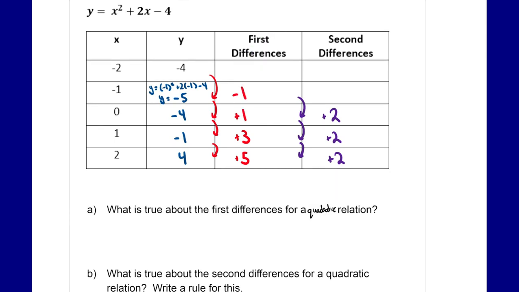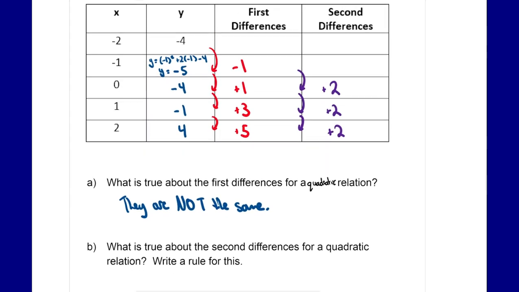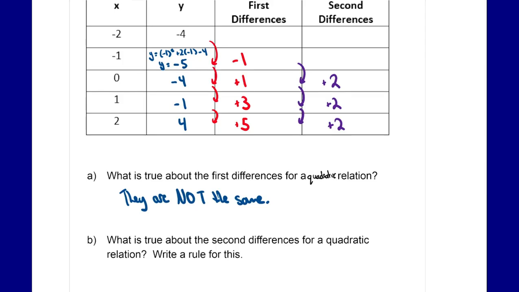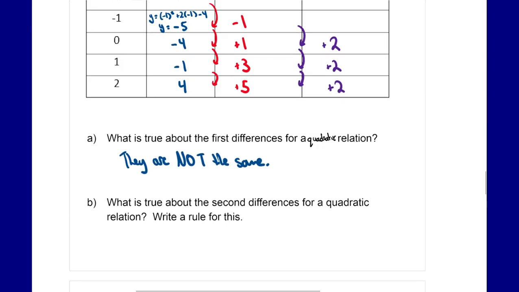What is true about the first differences for a quadratic relation? They are not the same. And what is true about the second differences for a quadratic relationship? Looking at this, they are the same.